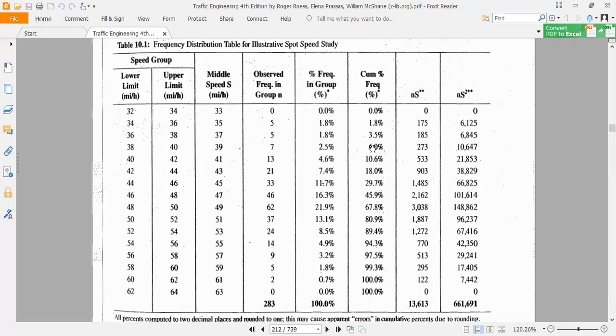This is similar to the gradation curve of coarse or fine aggregate that you must have done as an experiment during your bachelor's course. The second last column is the product of n times s star. So n is the observed frequency in group and s star is this one.